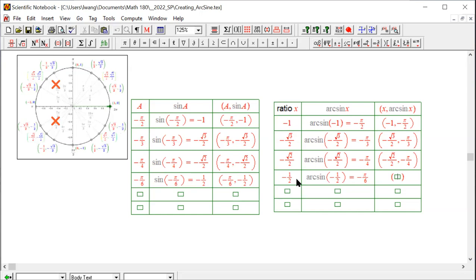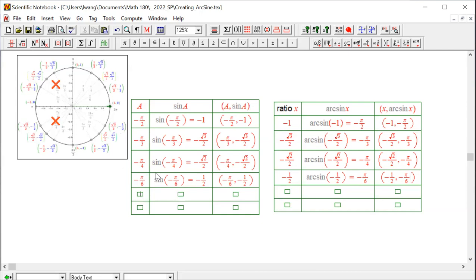But now you can see the special angles are serving us to understand this process. Your calculator has that function. So whenever you have a ratio that's not a special ratio, it will produce an angle, in radians or degrees as you wish, between negative pi/2 and pi/2, or negative 90 degrees and positive 90 degrees.